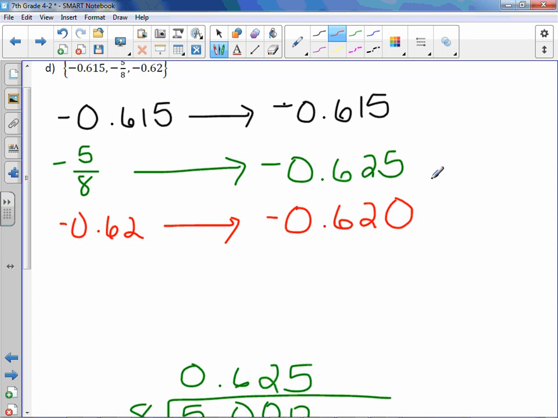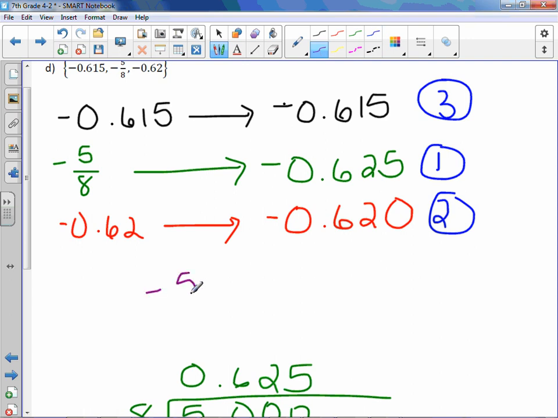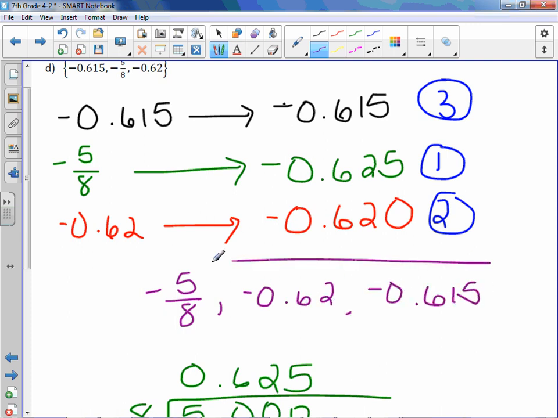So negative 0.625 is actually our smallest. Then negative 0.620. Then negative 0.615. So when we order them in the original form, we have negative 5/8, then negative 0.62, then negative 0.615.